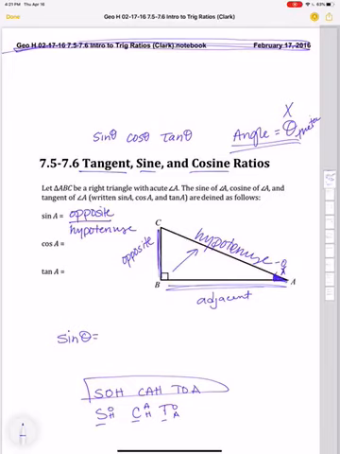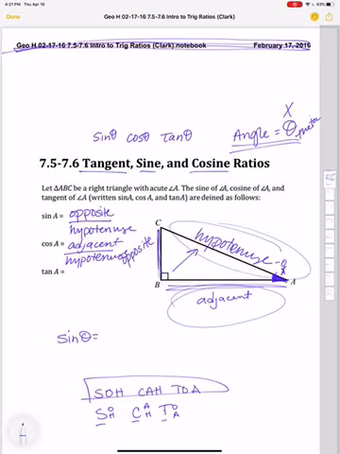Cosine is adjacent over hypotenuse. So again, from this angle, if I take the cosine of this angle, I will get whatever this divided by this is, which is just so crazy to me.